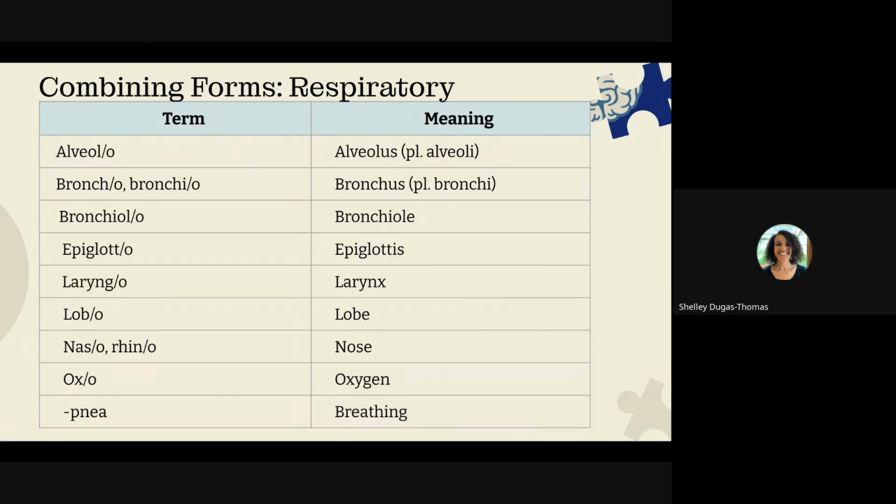You'll see nasal spray, but a plastic surgeon performs a rhinoplasty. They both mean nose. Look at the suffix pnea, meaning breathing. If I put a, without, in front of it, we get apnea, not breathing. If I put dys, difficult, in front of it, we have dyspnea, difficult breathing.